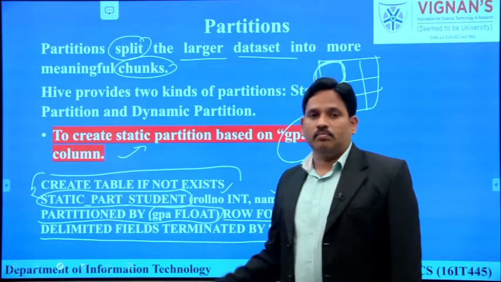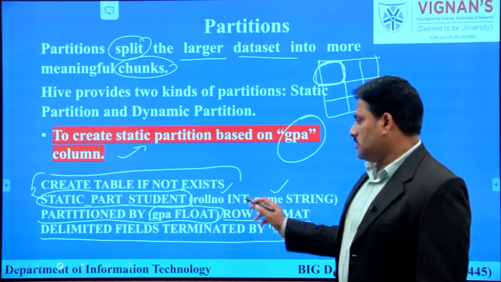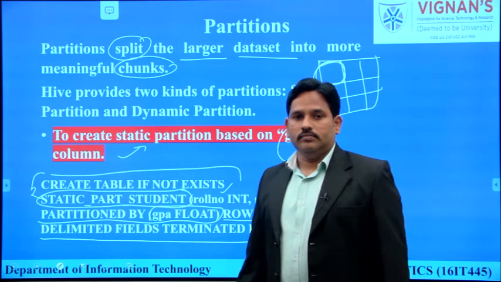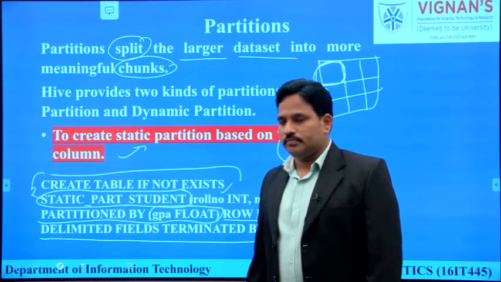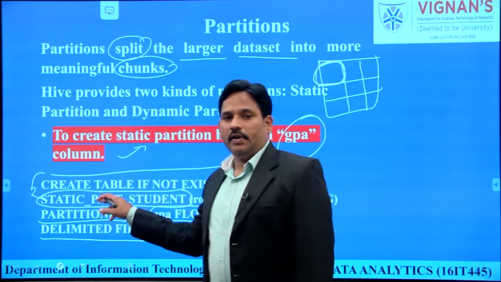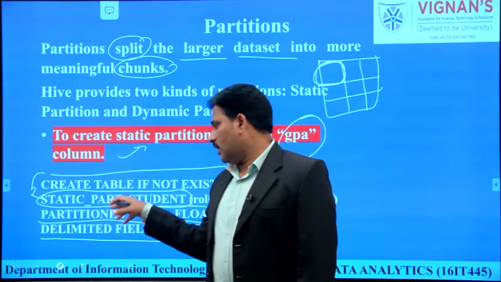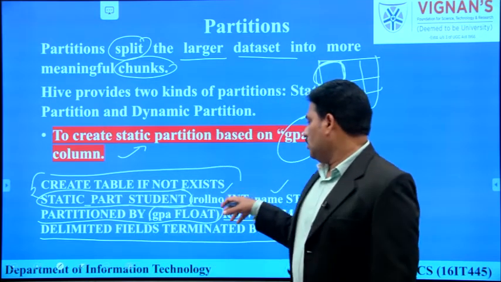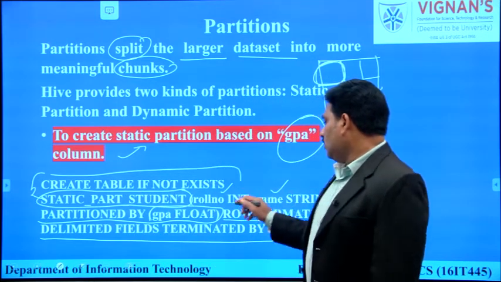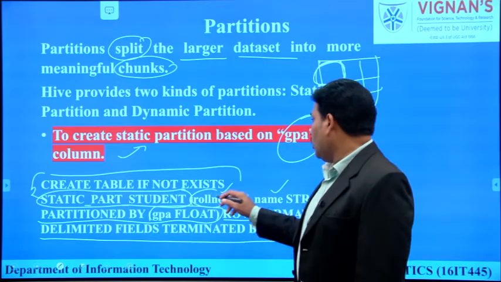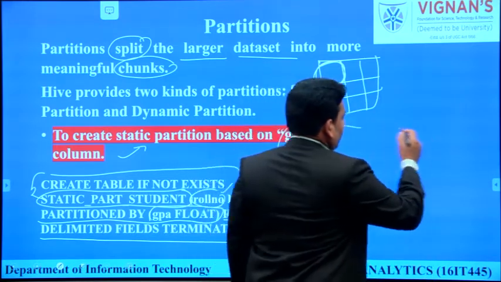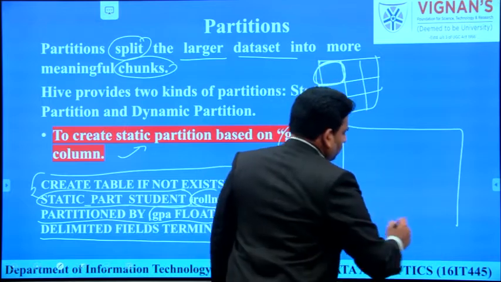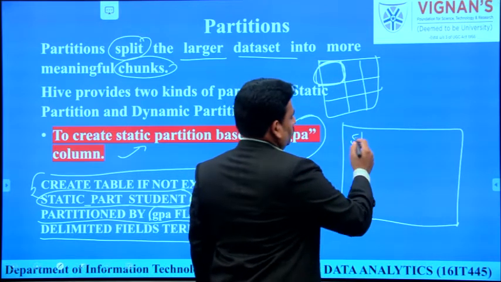Let's see this example again. In this example, we are creating a table. Create table if not exists, and we are applying a static partitioning. Static part student, roll number. These are the columns of the table. Like the table will look like this.